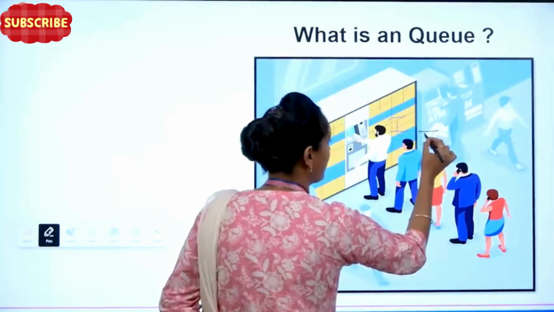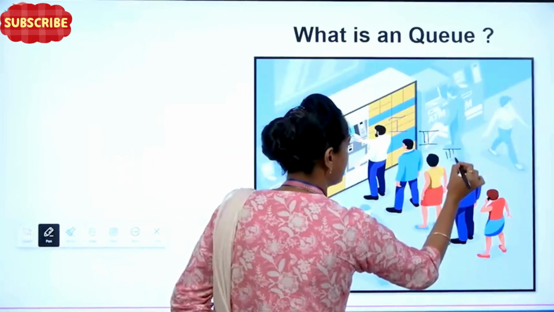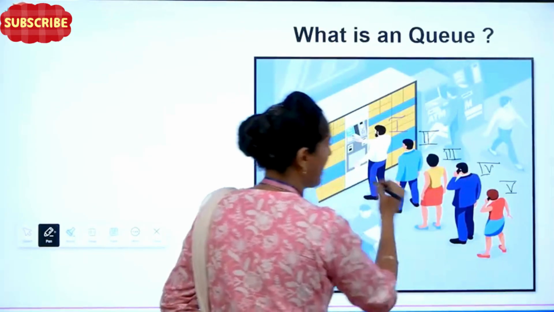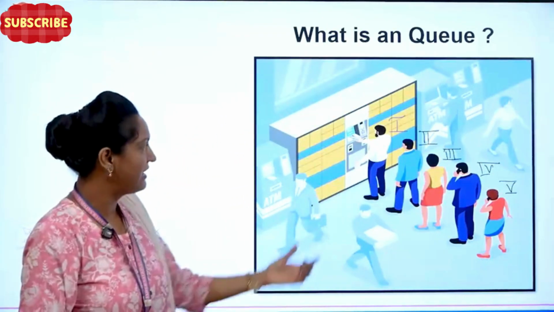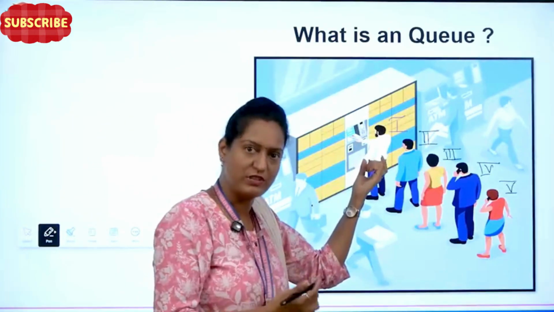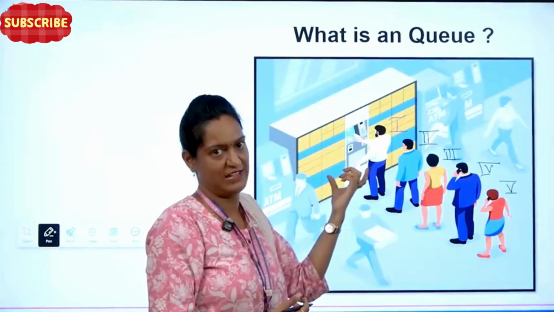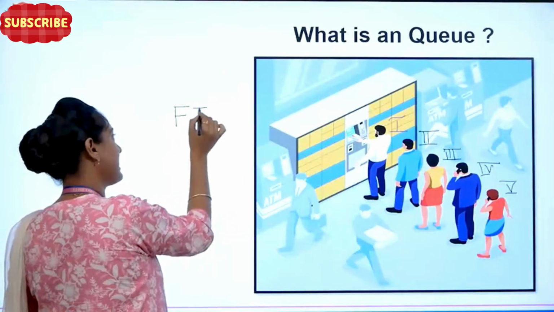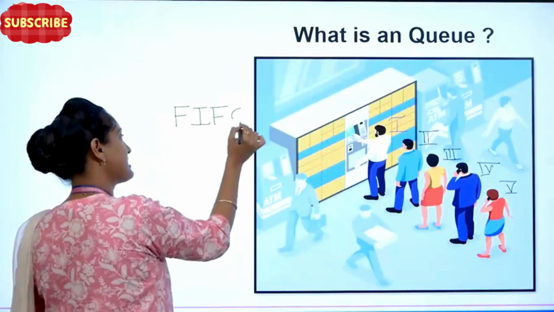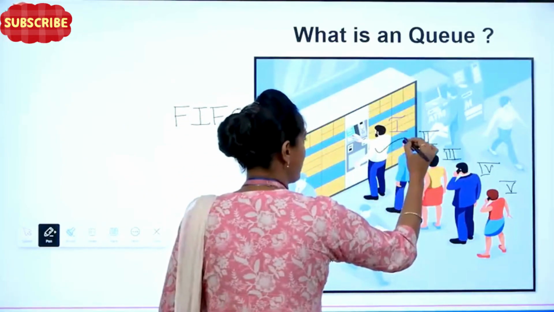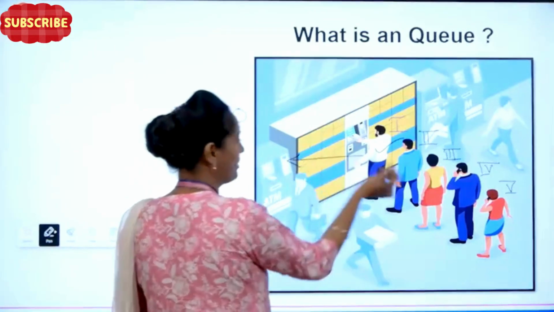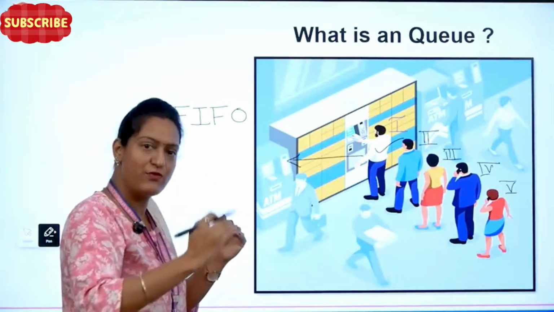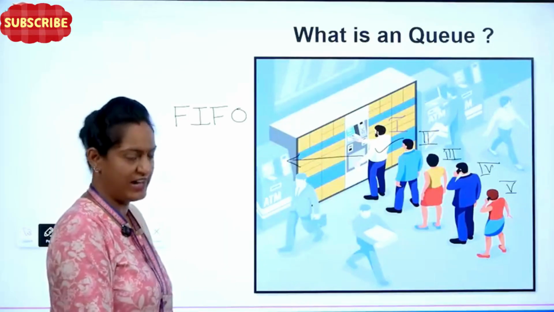This is the first one, then second, third, fourth and fifth. We have 5 people, and he came first so he will be served first. That means this strategy is known as first in first out. He will be processed first and then he will go out of the queue.